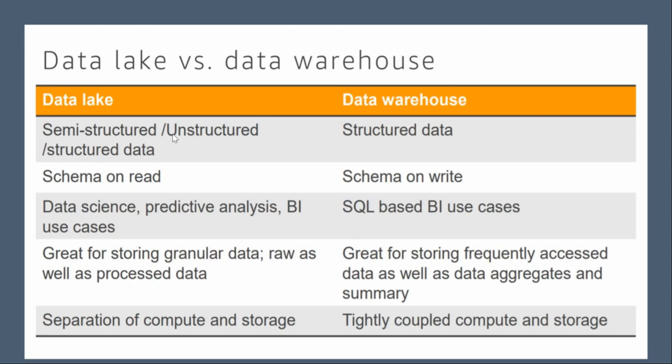Within a data lake, you will have semi-structured, unstructured, and structured data. All these kinds of data can be found in data lakes. Generally, data warehouses contain only structured data. All the data that you might have in your Oracle, SQL Server, or Postgres is usually structured data and has been brought together.